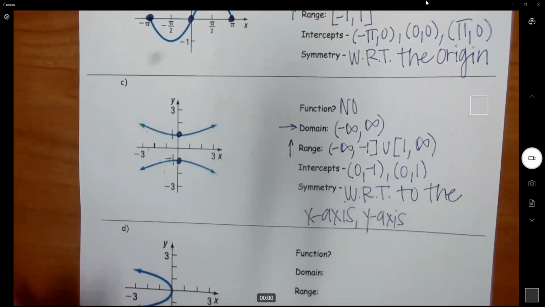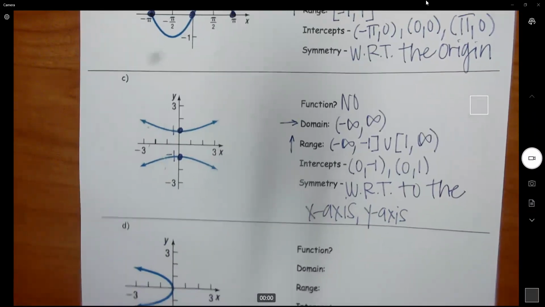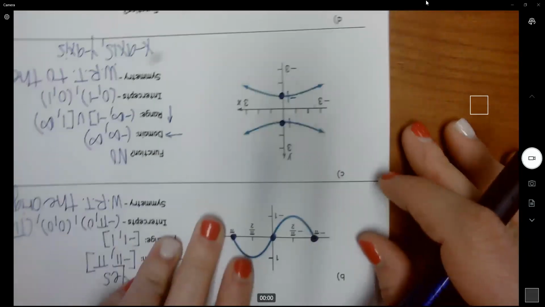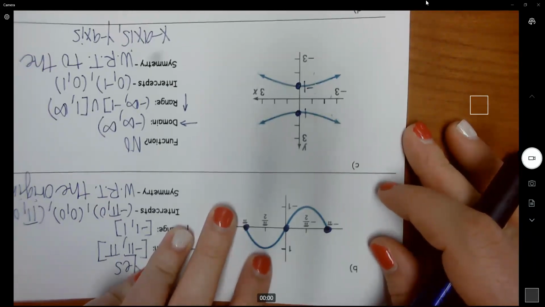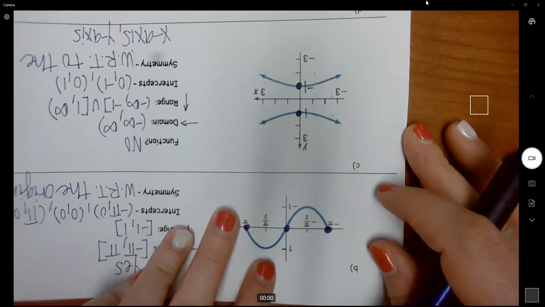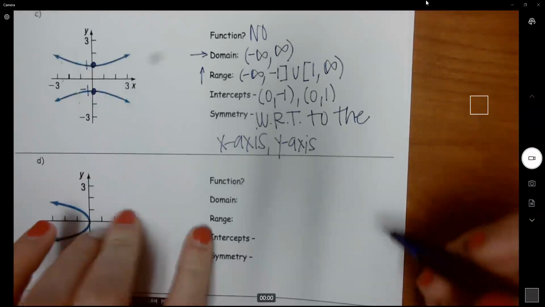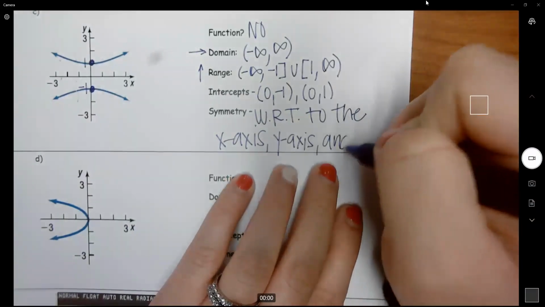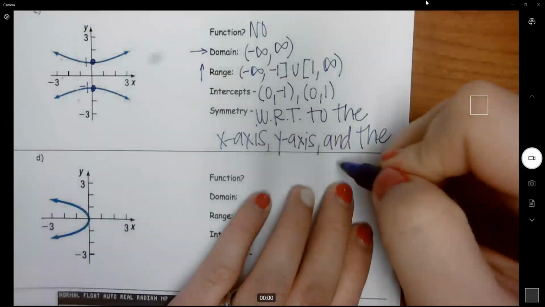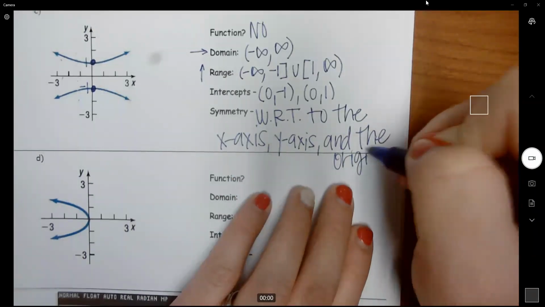So y-axis. And then don't stop. If I rotate this 180 degrees, do I have origin symmetry? Does it look the exact same as it did right side up? Yes, it does. So this one has symmetry with respect to the x-axis, the y-axis, and the origin. It's got all three types.